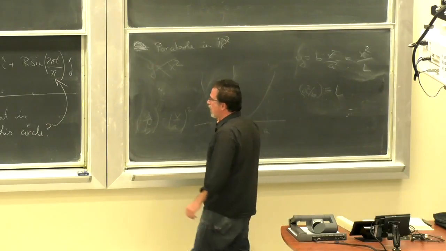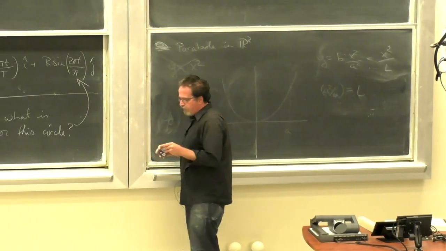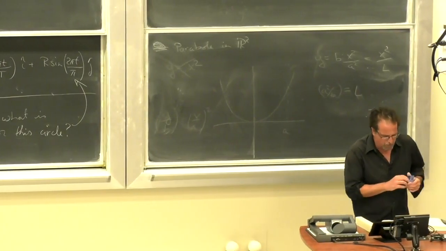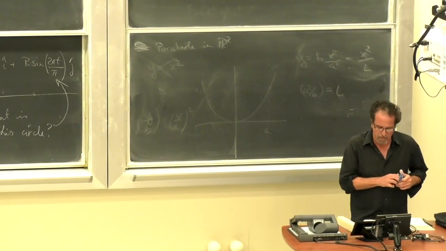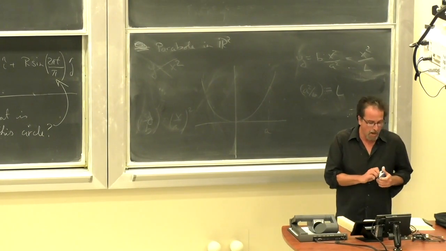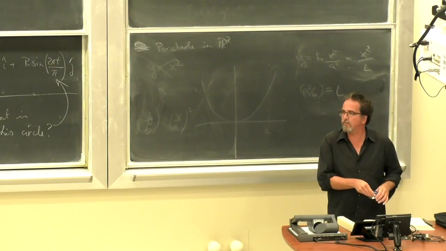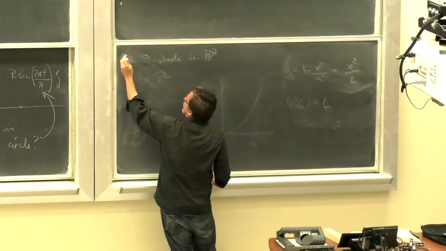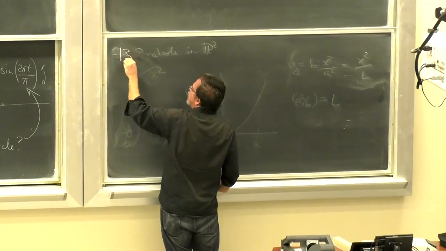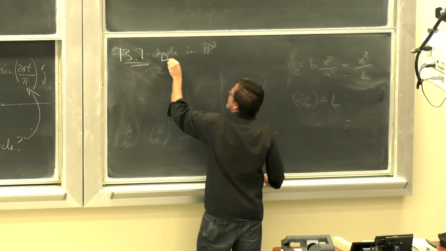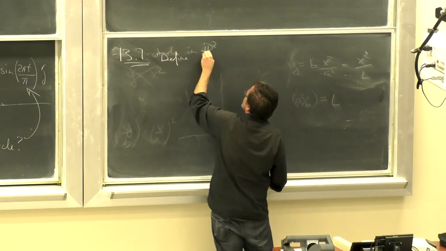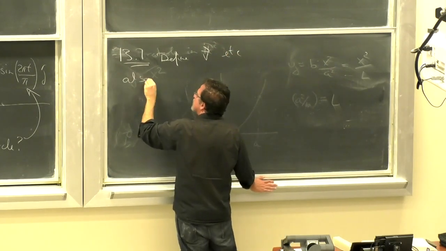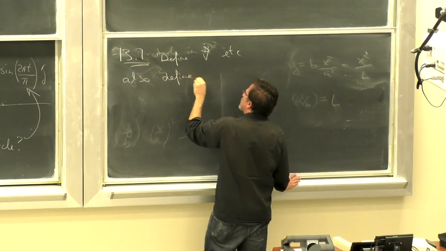There's a comment to make. So in section 13.1, curves in space and their tangents, they talk about how you can deal with vector-valued functions of time. So for example, in 13.1, they define the tangent, define the velocity field, etc. But they also define the acceleration.